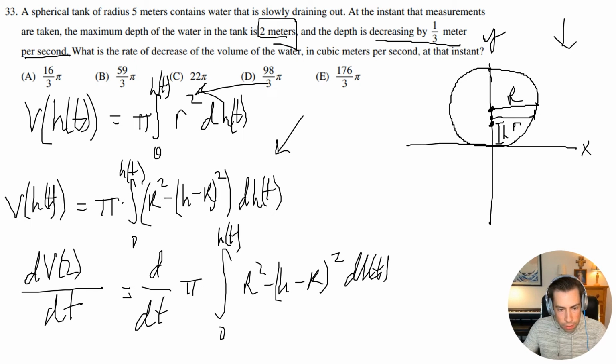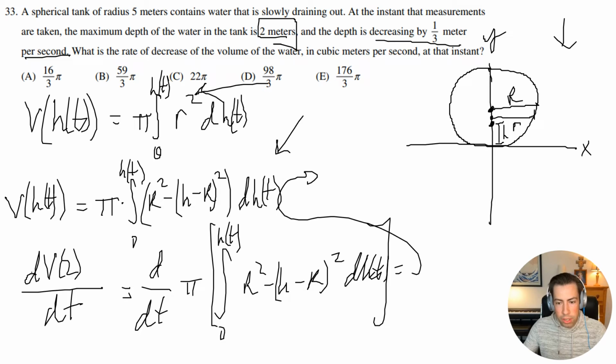All right, so whenever I do this, I need to figure out what that equals. Now, if I take the derivative with respect to time of this integral, I'm going to have to use the fundamental theorem of calculus. So I will end up with pi times r squared. And again, the key here is that I'm going to plug in 2 for h(t).